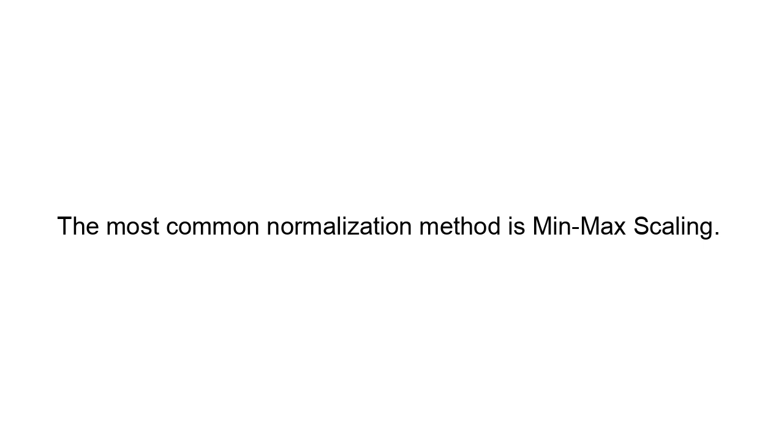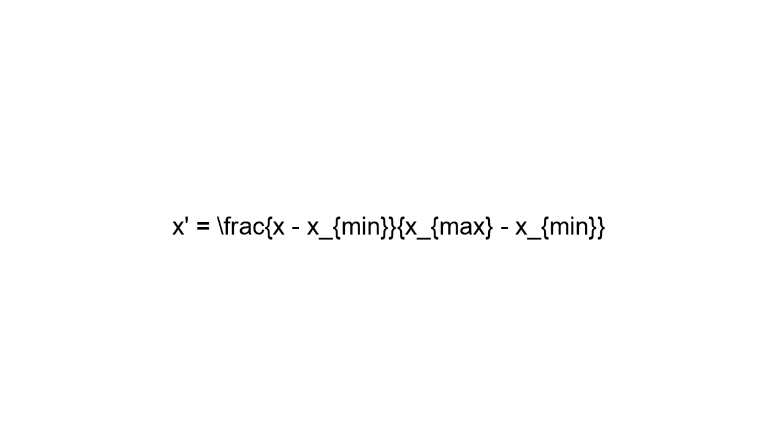This method rescales values between 0 and 1. x' = (x - x_min) / (x_max - x_min), where x equals the original value, x_min equals the minimum value in the dataset, x_max equals the maximum value in the dataset, and x' equals the normalized value.